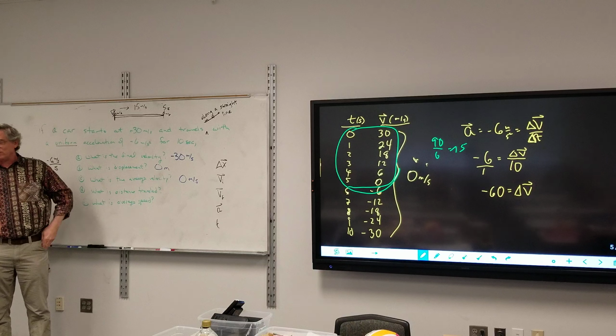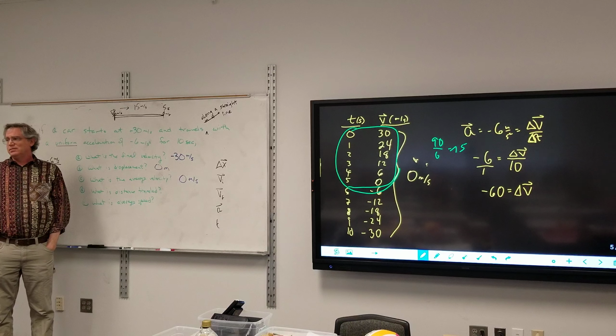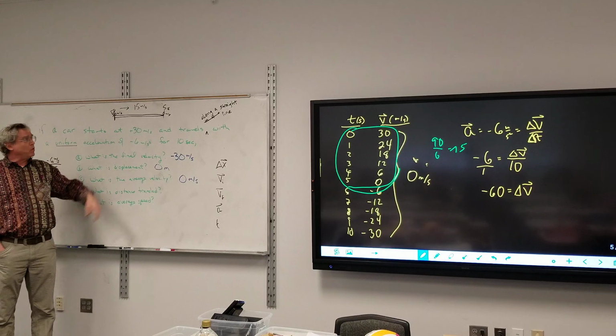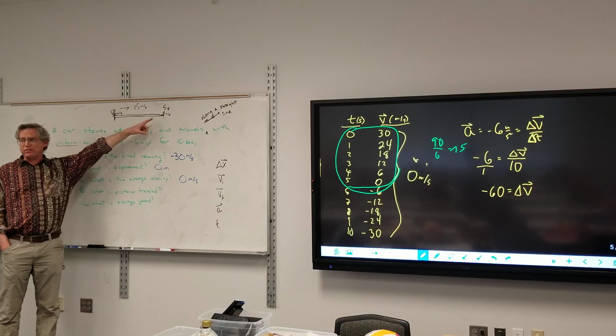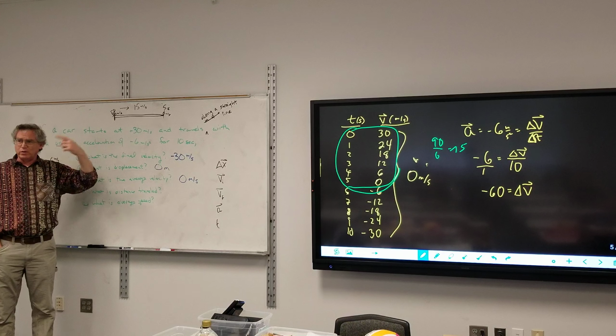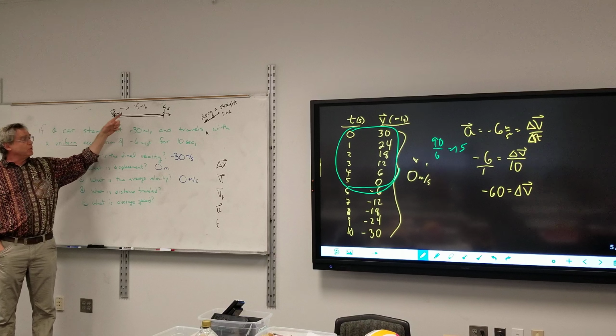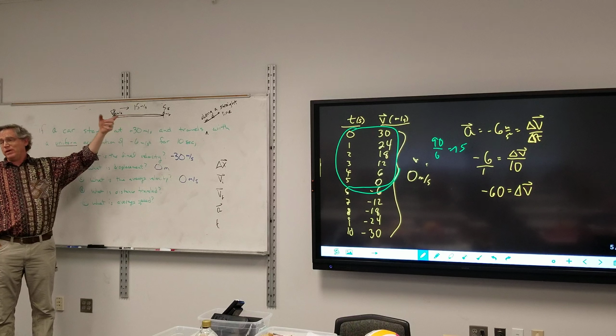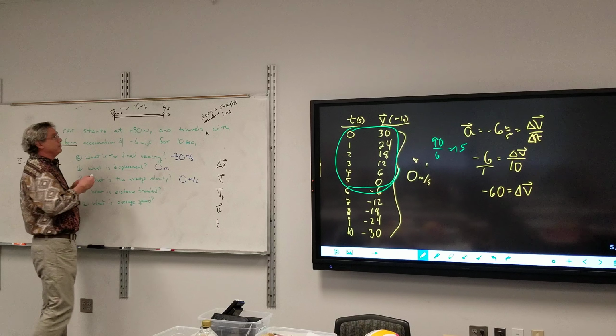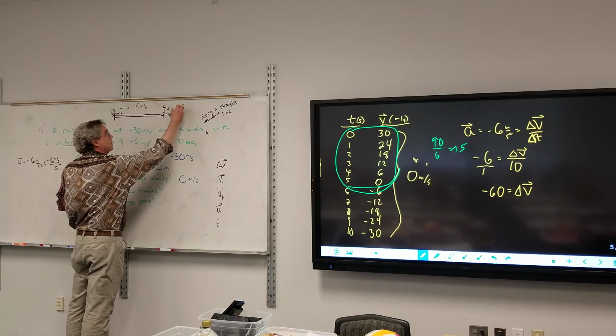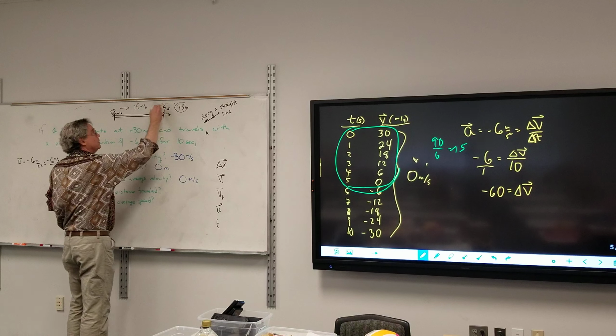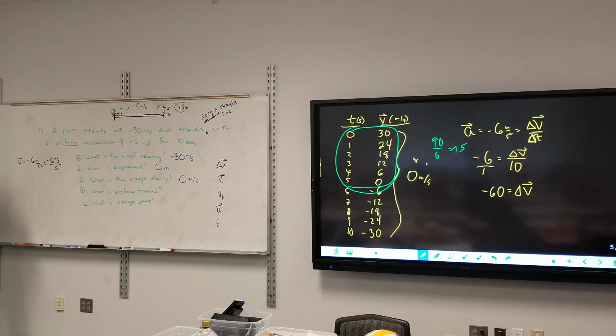Yes, it's 75 meters. How'd you get that? 15 times 5. Yes. So if I'm going on average 15 meters per second for 5 seconds, that means that every second that passes, I go another 15 meters. So you can add 15 up 5 times or multiply, and you get 75 meters. So that's how far I travel in the first 5 seconds.